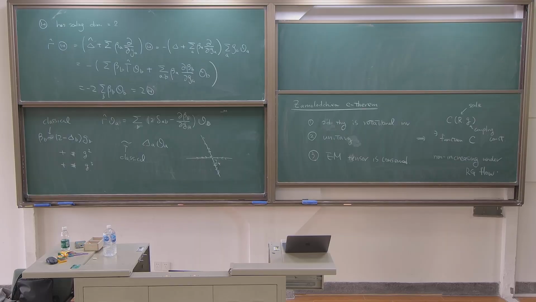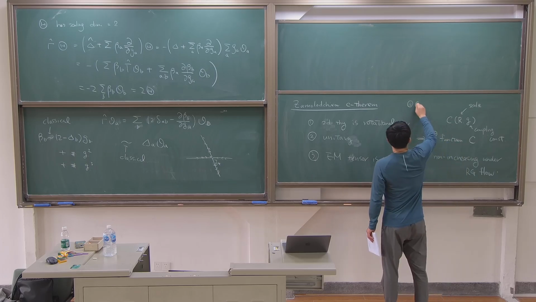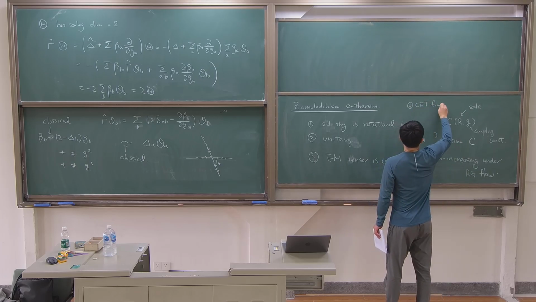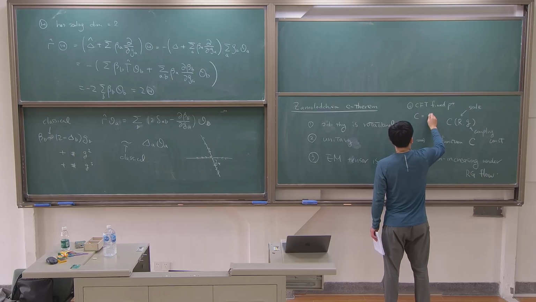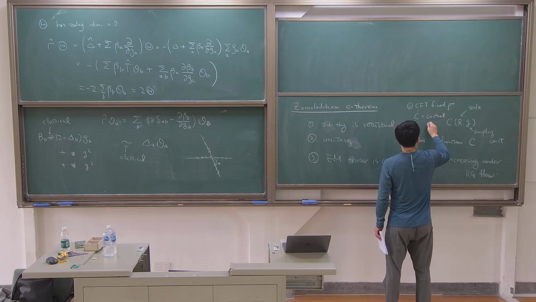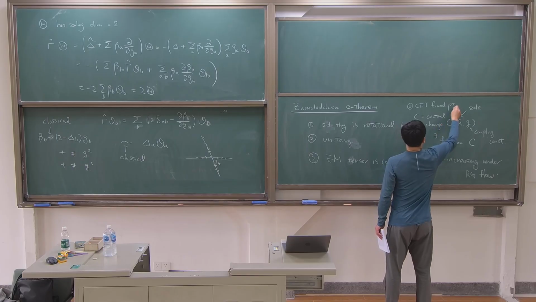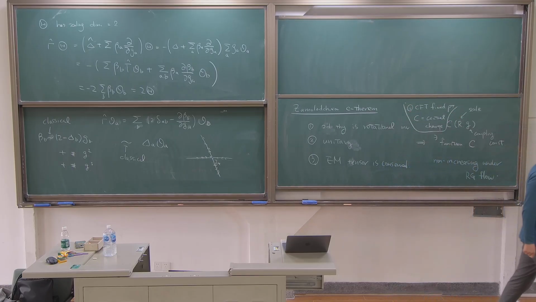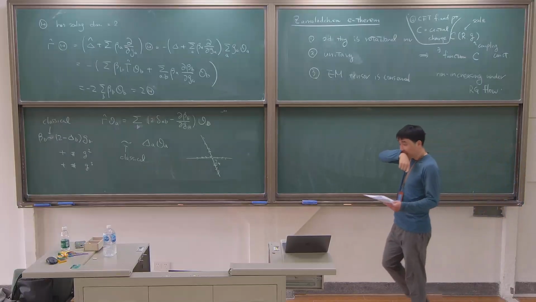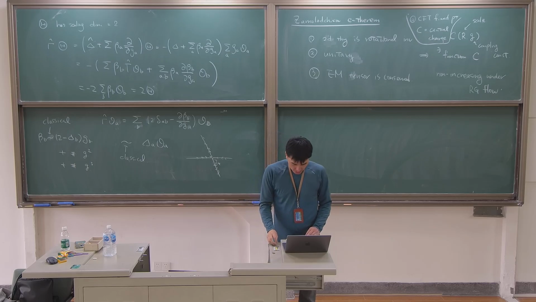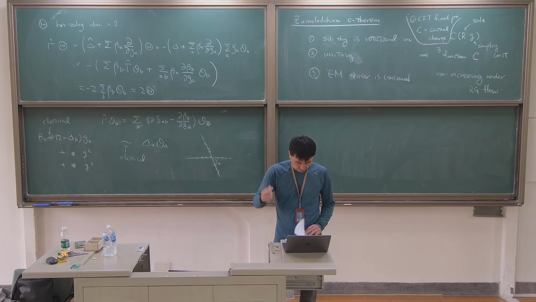At the CFT fixed point, C is in fact equal to the central charge of the theory. That's the statement of the c-theorem. Any questions at this moment? We will derive it from now.